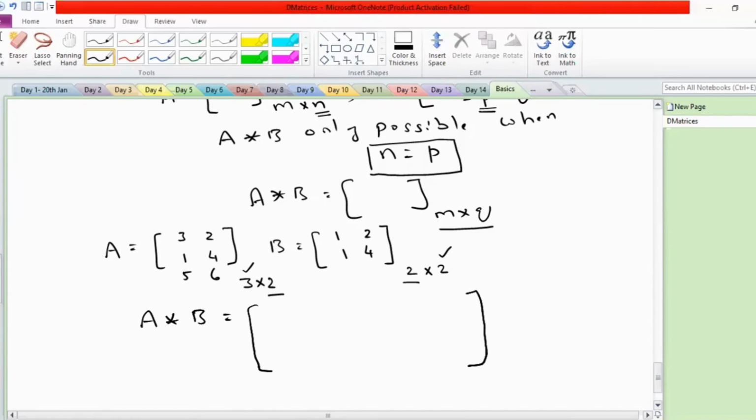What you do, A star B, is basically first you will be taking these two, first row with first column.